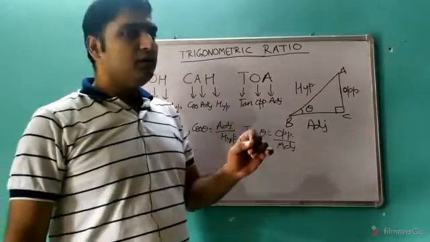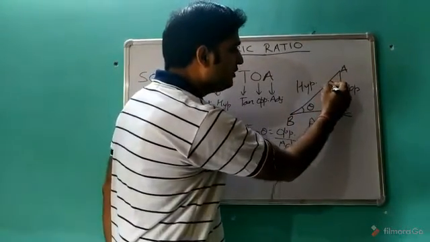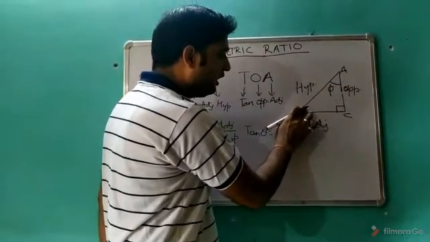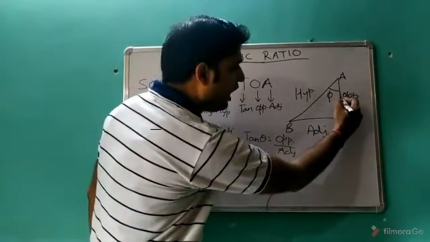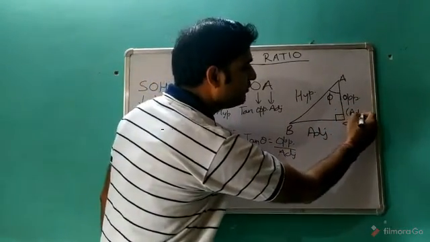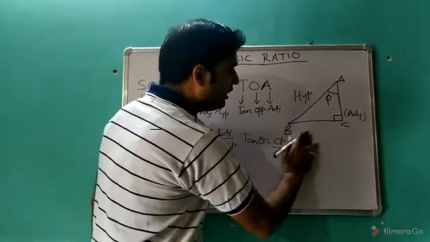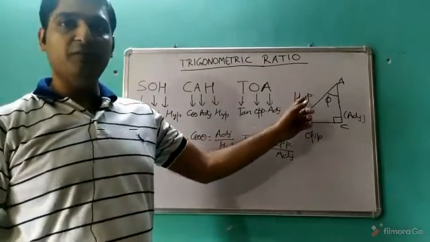Now in the next case, we consider the other angle, phi, and we do not consider this angle. With respect to phi, this side now becomes the adjacent instead of opposite, this side becomes the opposite instead of adjacent, and the hypotenuse remains the same.